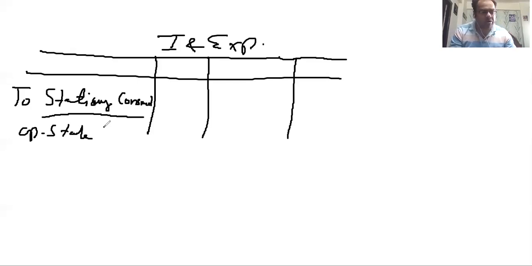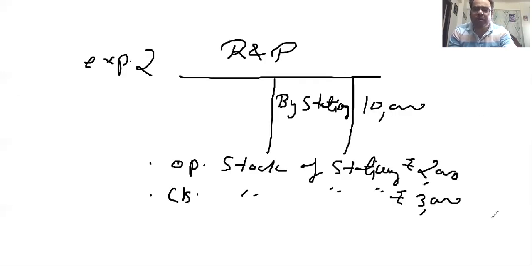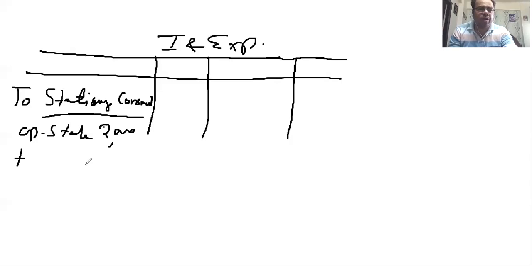Opening stock is 2,000 plus whatever payment we have made, again 10,000. So during the year we have purchased stationery of 10,000. We made a payment of 10,000. So we have to write here opening stock plus purchase 10,000.